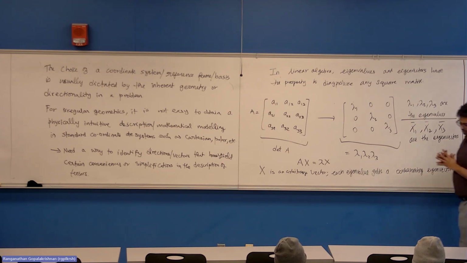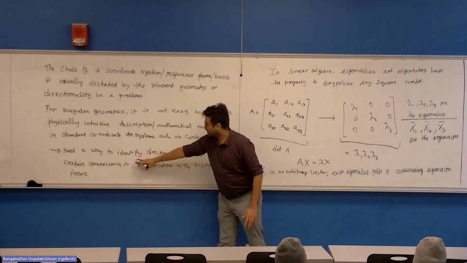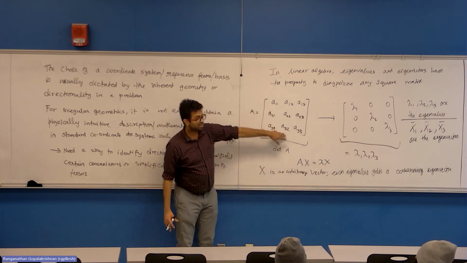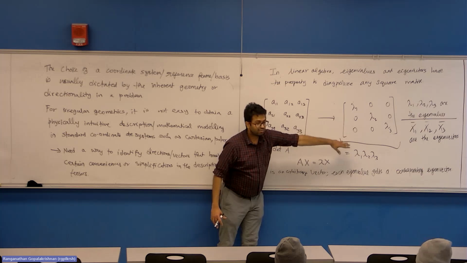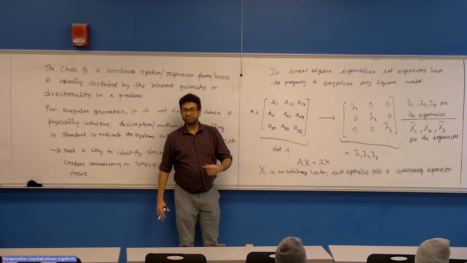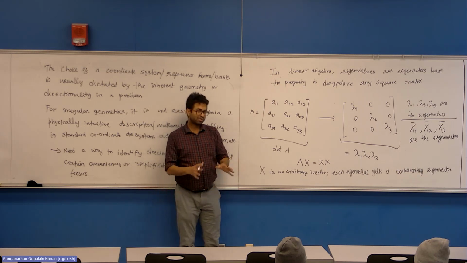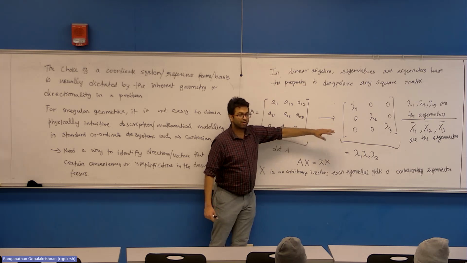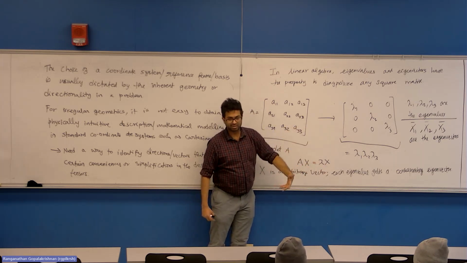So ultimately, the answer to the need for a way to identify is to take a tensor, which is represented by a matrix, reduce it to eigenform, get the eigenvalues, use them to obtain eigenvectors, and use the eigenvectors to define the coordinate system. So today, most of the time, we are going to practice computing eigenvectors for any given matrix or any given tensor.